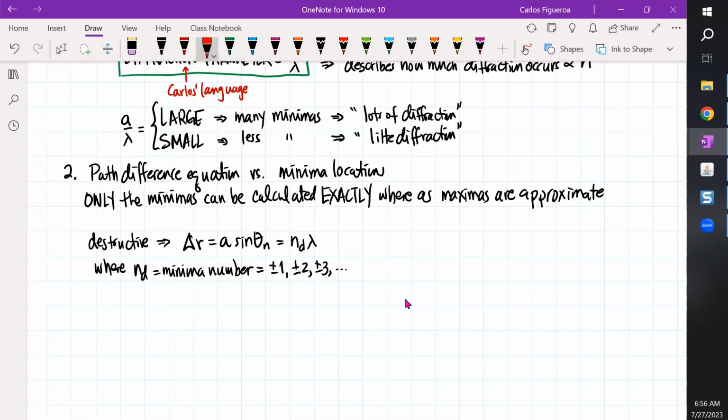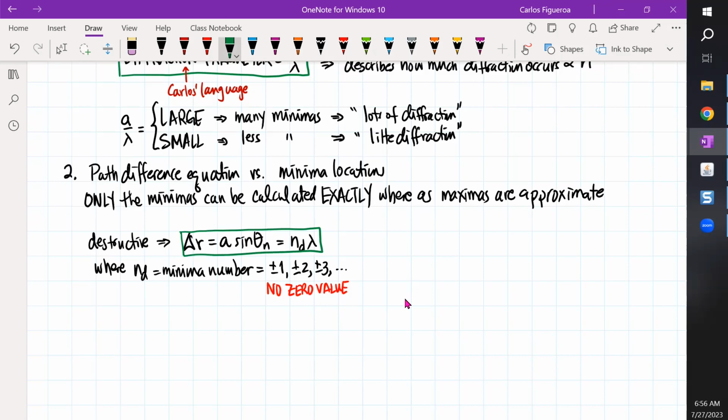Note, no zero value. So this is the path difference equation.